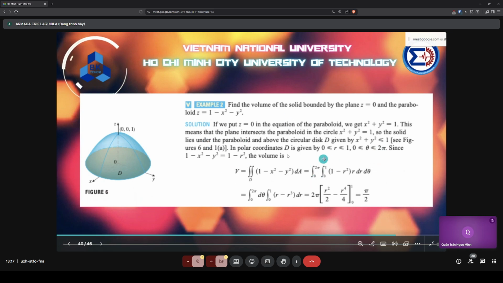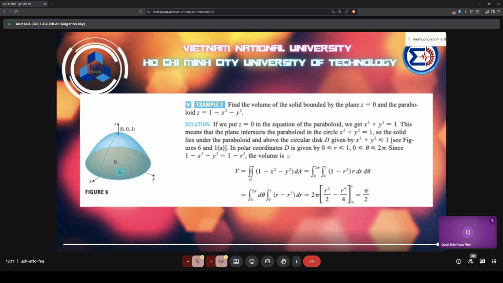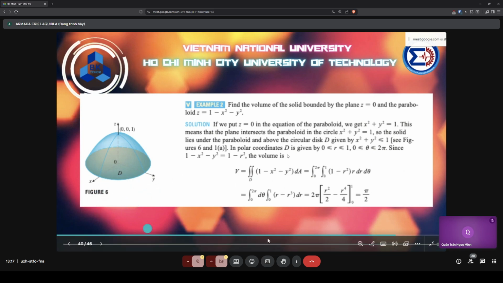Now, for your radius here, it's easy to see that the radius is from 0 to 1 because this is your circle, right? x squared plus y squared is equal to 1. So the radius is from 0 to 1. Now for your theta, as you can see, this is a full circle. So that's from 0 to 2 pi. Okay?